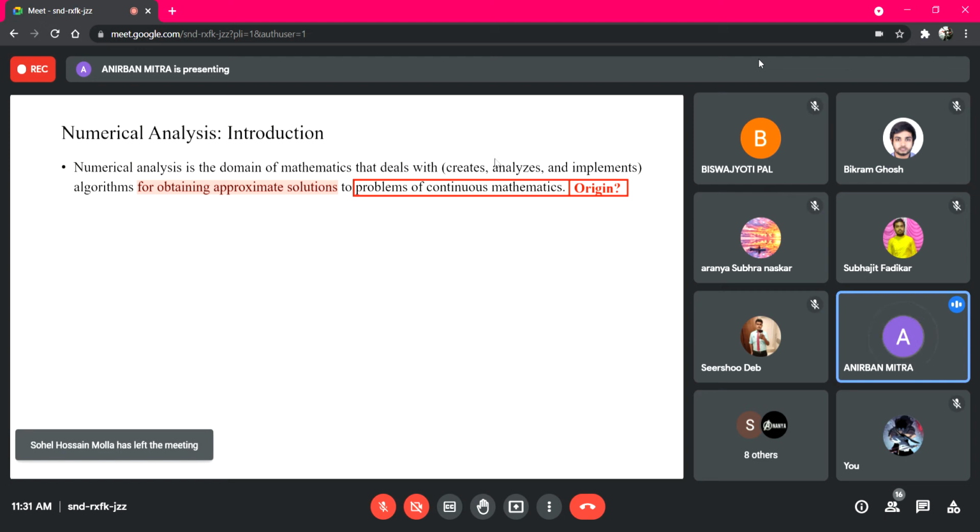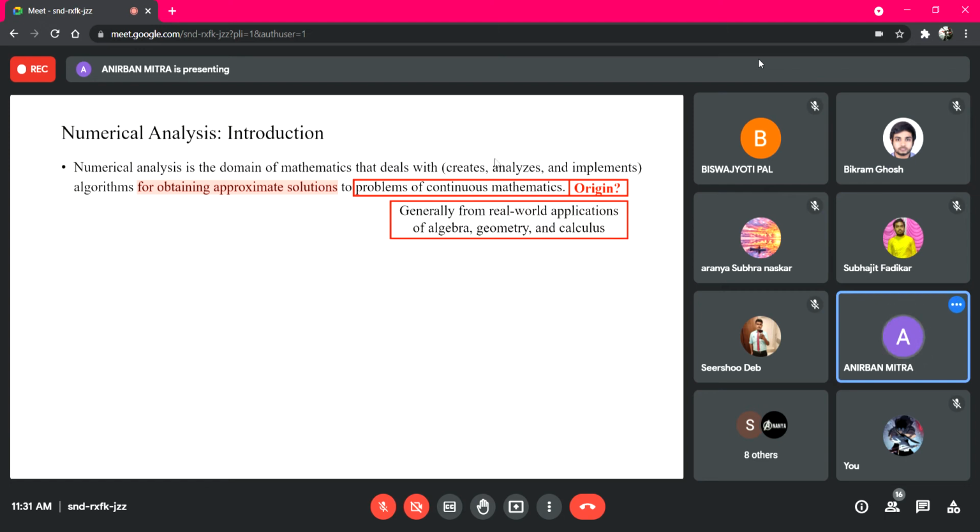These problems originate from real world applications of algebra, geometry, and calculus. They can be found throughout the natural sciences, social sciences, medicine, business, as well as the engineering domain. In the present case, obviously we are more interested in the problems of the engineering domain.